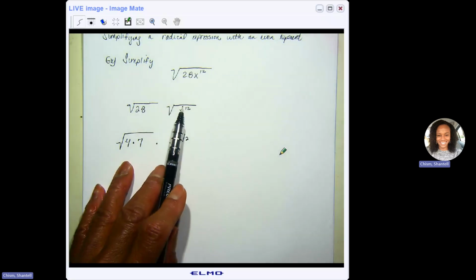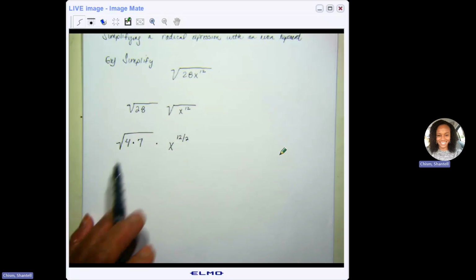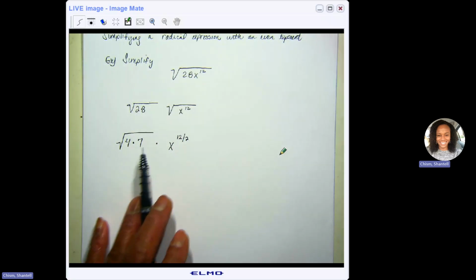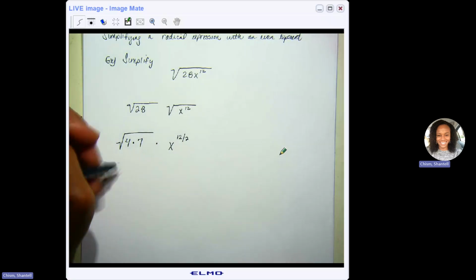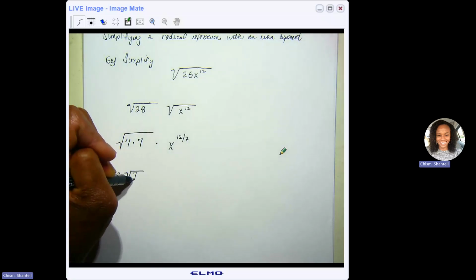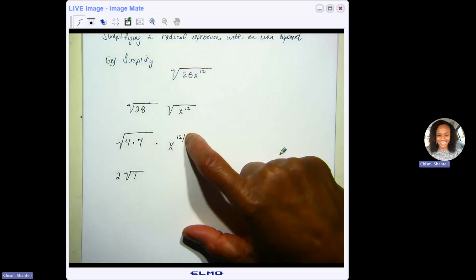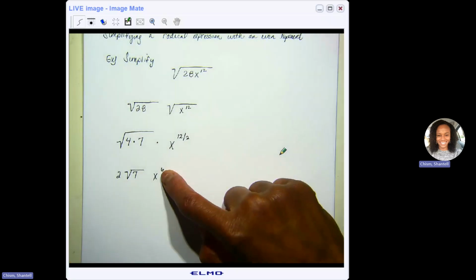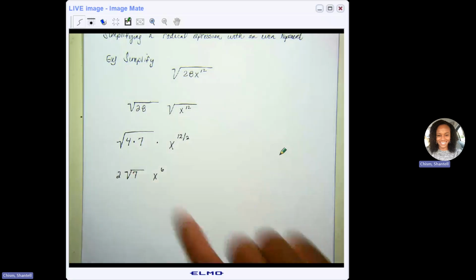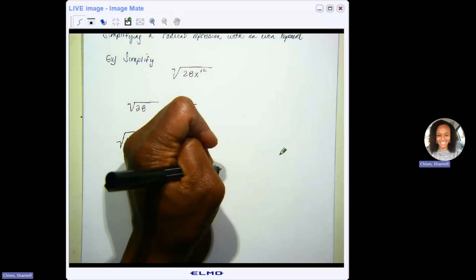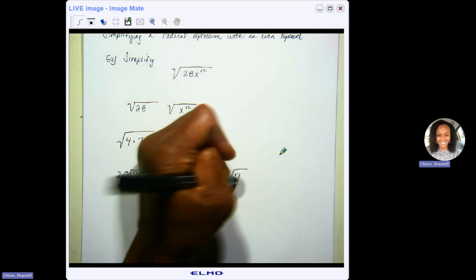So I'm dividing that 12 by 2. The square root of 4 is going to come out as 2, and I've got the square root of 7 still. And x to the 12th divided by 2 is now x to the 6th. I'm going to bring that x to the 6th up front since it's not under the radical, next to the 2. So 2x to the 6th square root of 7.